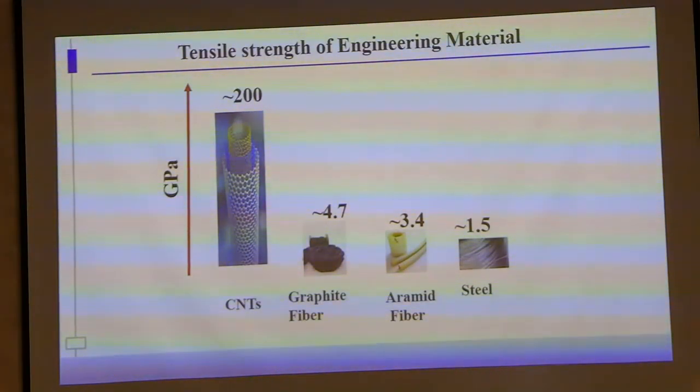In chemistry, we know a double bond is a very strong bond, right? So carbon nanomaterials like carbon nanotubes have very high mechanical properties, and the GPa value is much, much higher compared to even steel. So it is really strong.